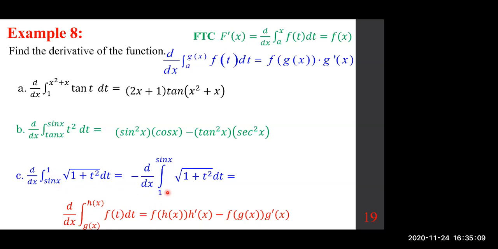So therefore, we can use this one, everybody. So plug in sine. So you get square root of 1 plus sine squared times the derivative of sine, which is cosine. Don't forget there's a negative sign in front. And this is it.